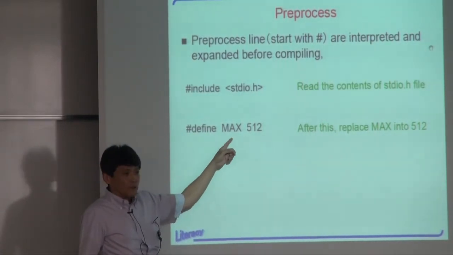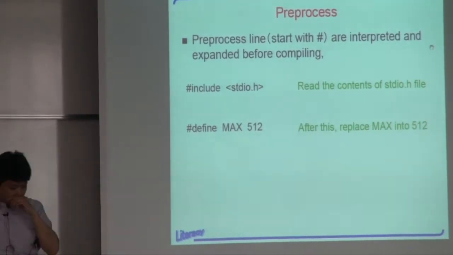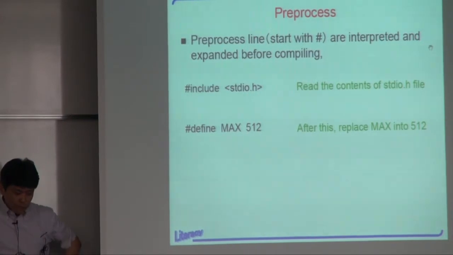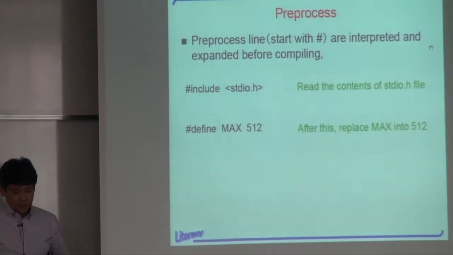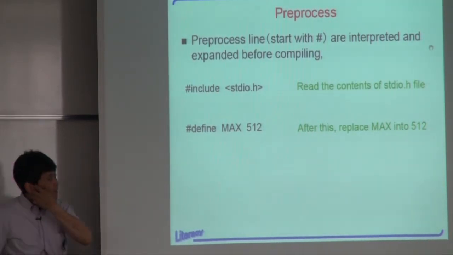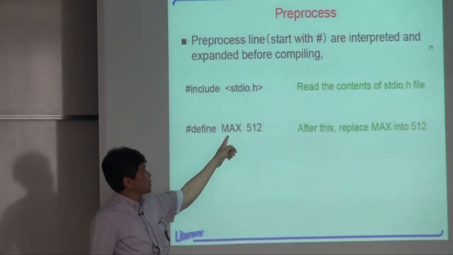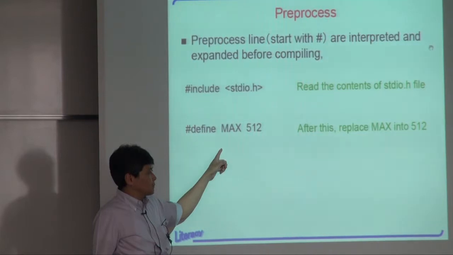Sometimes this is very convenient. If you calculate the average of the score of the students, for example, usually the number of students changes. In such cases, you define a symbol for the number of students, for example, num s.